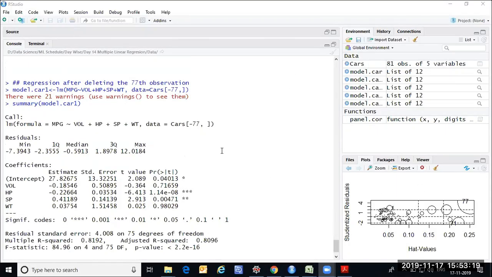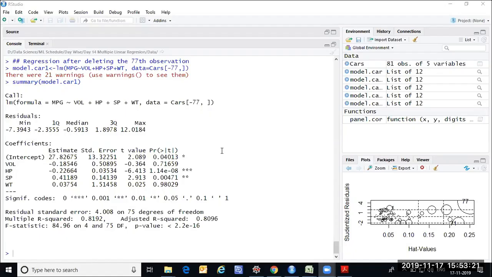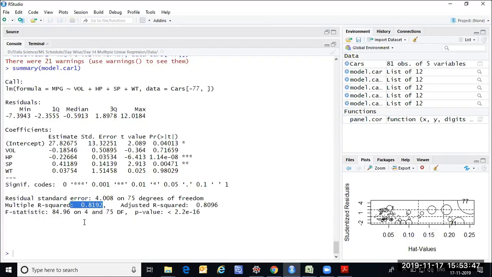So I removed an observation. Now, is there any improvement in this model? What is the improvement you are seeing? The multiple R squared value is almost reaching 82, 81.9, right? It was 77. Just by removing one observation, there's so much increase in the accuracy of the model.